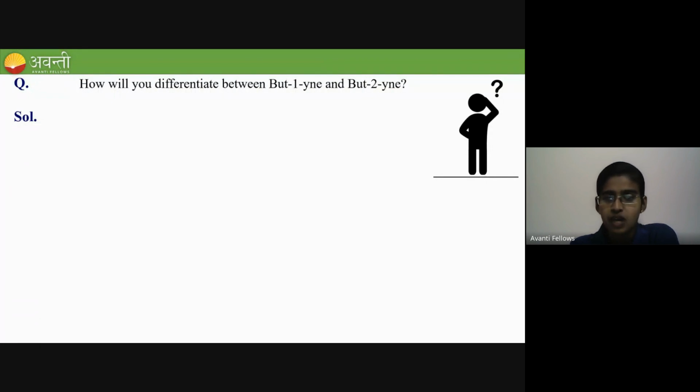If two compounds are given to you, how will you differentiate them? How can you say that this is but-1-yne and this is but-2-yne? Just recall the previous reaction which we have studied under the acidic character of alkynes and try to find out the answer. Just give a try.